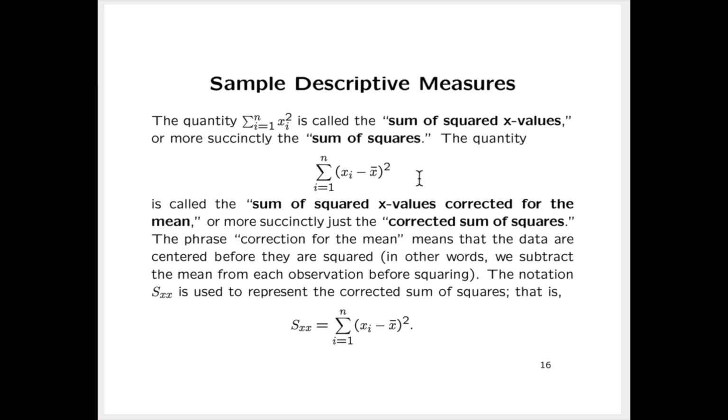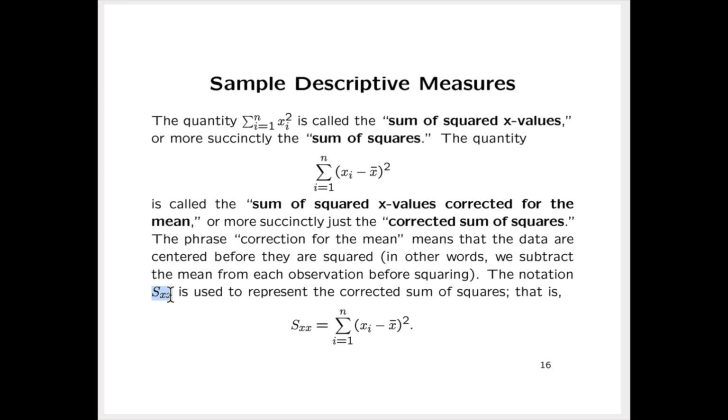So we could call this the sum of squared x values adjusted for the mean, or more succinctly, the adjusted sum of squares. Personally, I think that would make more sense and be less confusing, but the term corrected sum of squares has been around a long time, right? And so we need to be aware of that, and we'll use it when we need to.